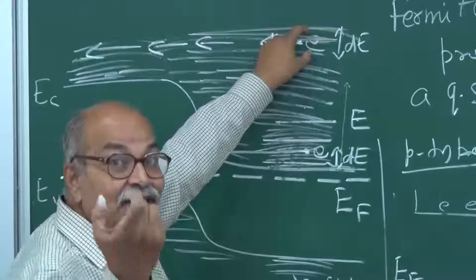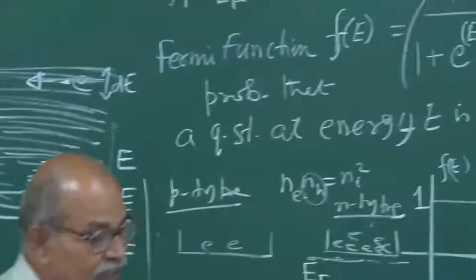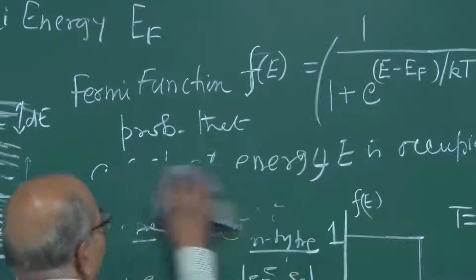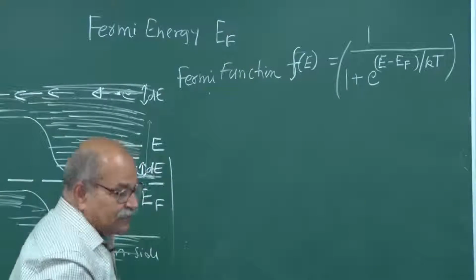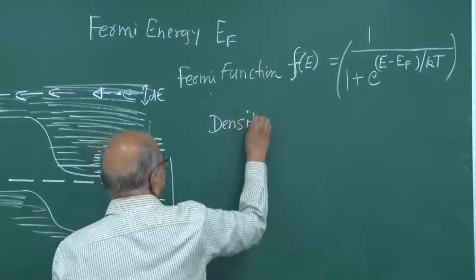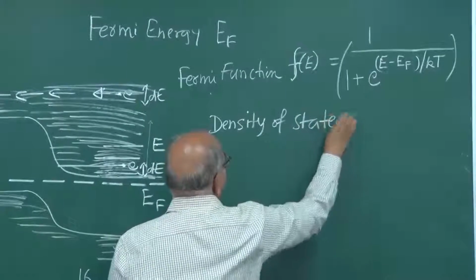So to get the actual number, you need both things. This is the probability, and another thing needed is called density of states. This is another very important concept.